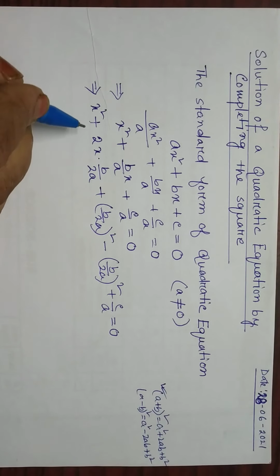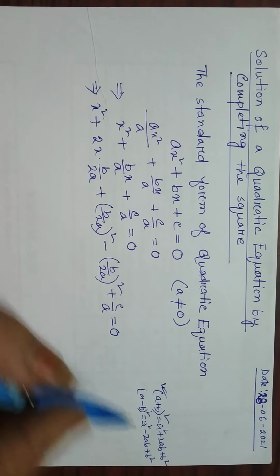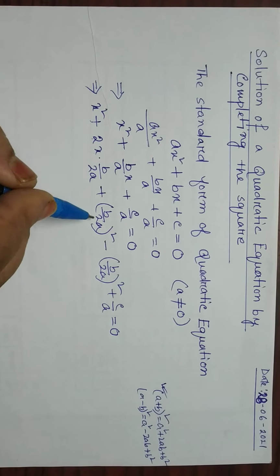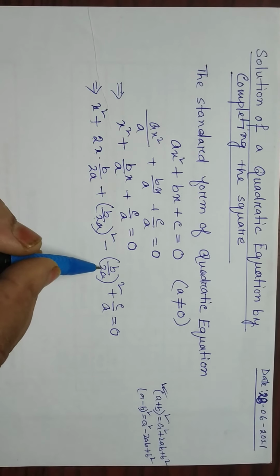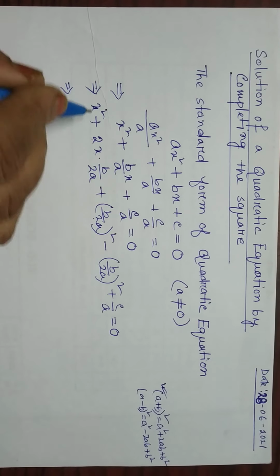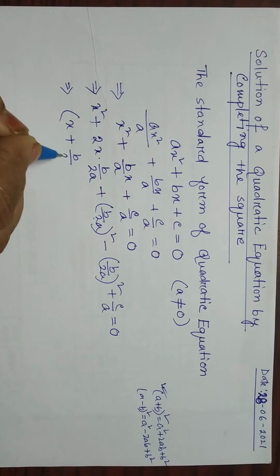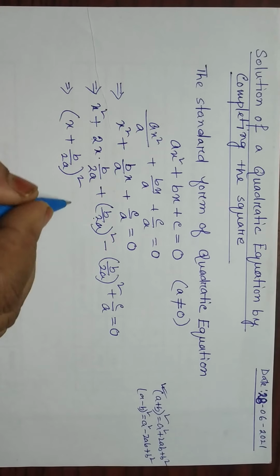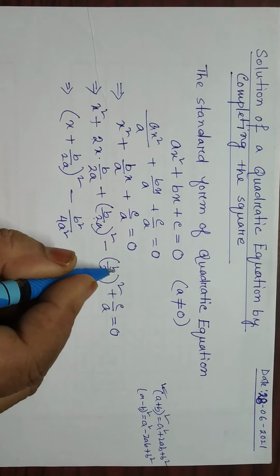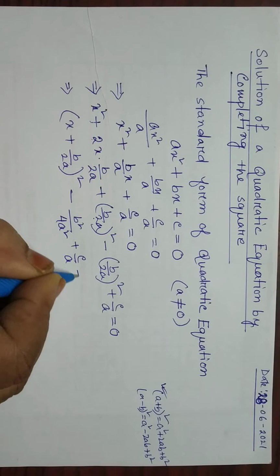Because we have to make it a complete square, like this: a plus b whole square is equal to a square plus twice ab plus b square. This one extra we have written, that's why we have to subtract here b by twice a whole square. Now from these three terms we can write x plus b by twice a whole square, and minus b square by 4a square, because b square and twice a square means 4a square, plus c by a equal to 0.